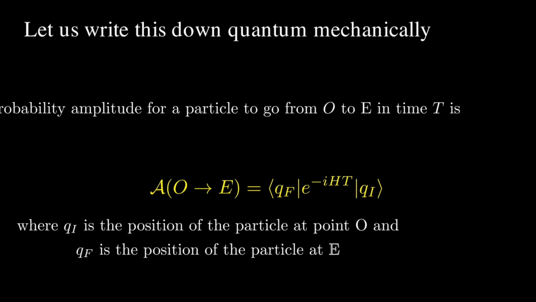be the position of the particle at point E, which is the point of detection, for example, in the earlier setup that we described. So our first approach would be to first slice the time in equal intervals. So we need to discretize the time, or the time capital T, into equal intervals.